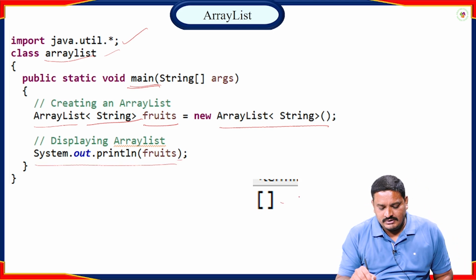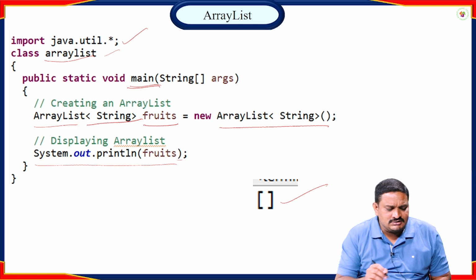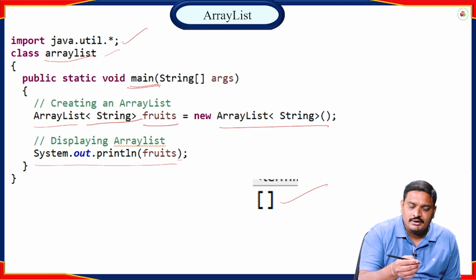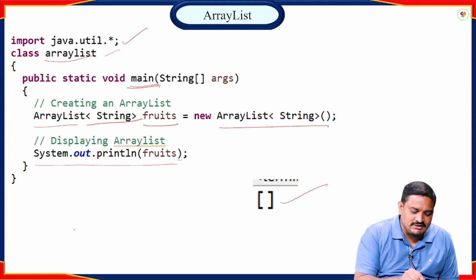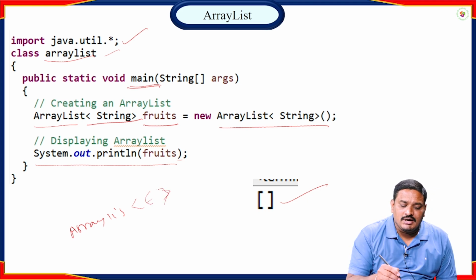Okay, this one is creating the ArrayList. This is the syntax of ArrayList. You already know the syntax of ArrayList: ArrayList with angle bracket E. That E can be specified with which type of object?